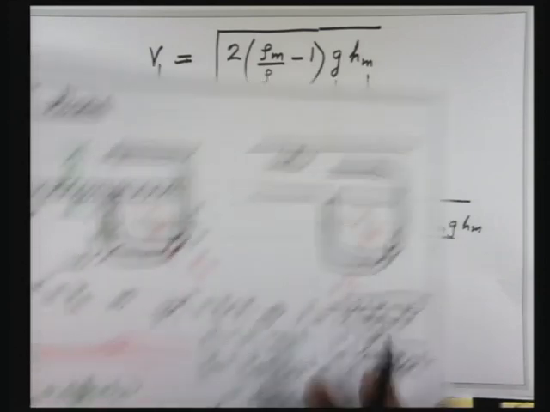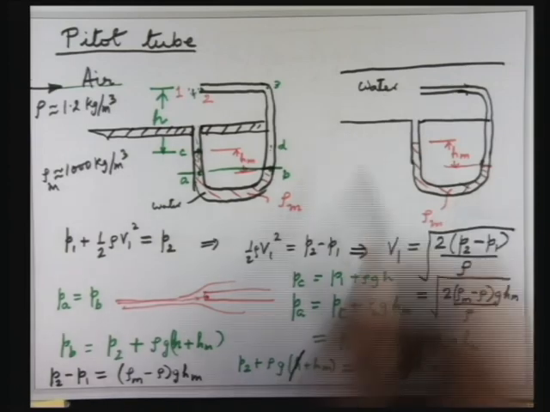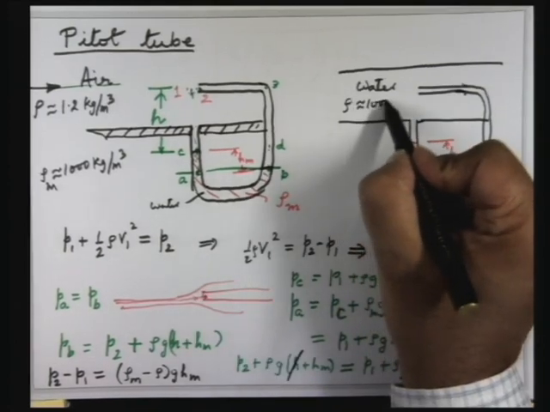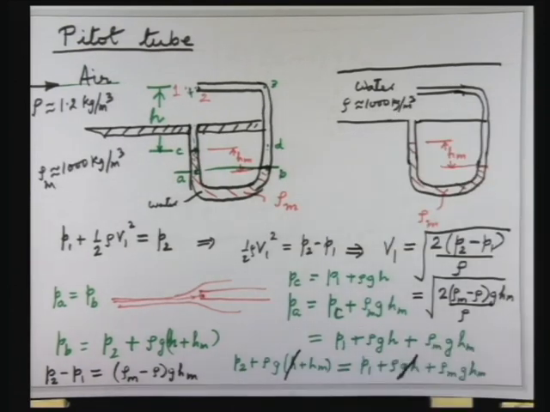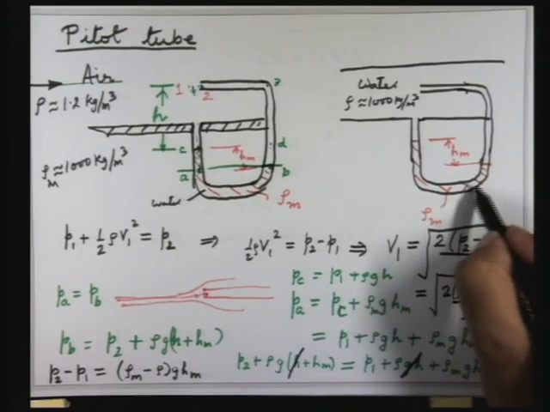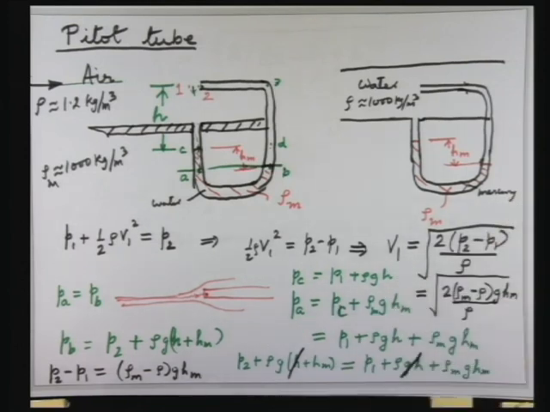Now let us come back to this other example. Here the fluid density itself is 1000. Of course, it could be 990 or whatever it is. I am taking 1000 as a round figure. Now suppose this is mercury. I know the specific gravity or relative density of mercury is 13.6.